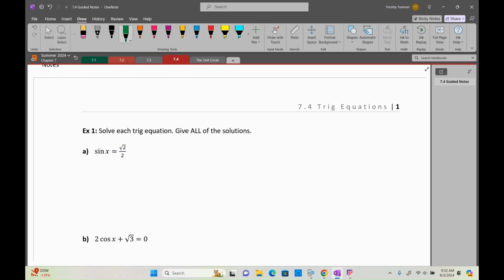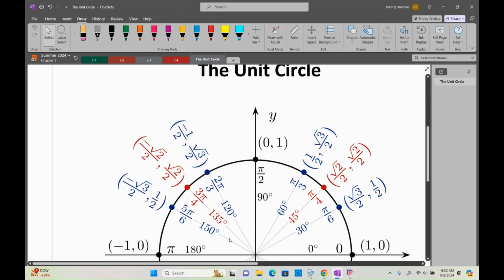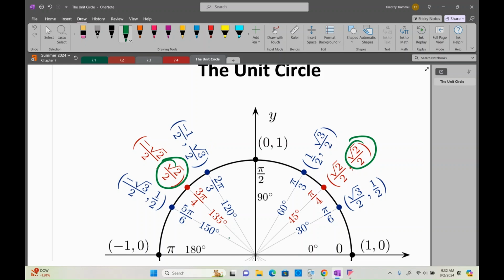We're going to look for on our unit circle where sine is equal to the square root of 2 over 2. So if I come over here, sine is the y value. So I'm looking for these two locations here. So that's, oh, I circled the wrong one. Here we go. These are the two spots where sine is root 2 over 2 on our unit circle.